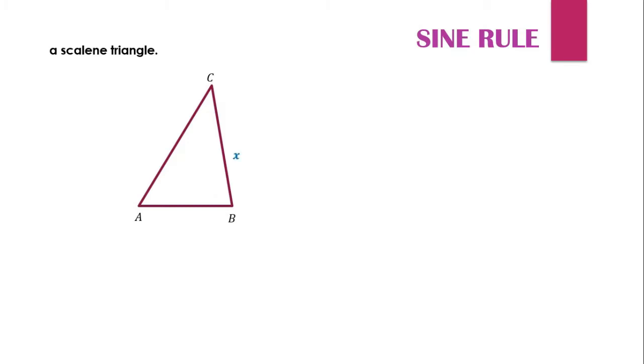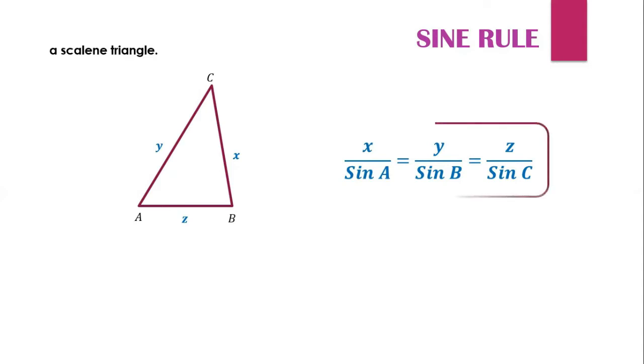Let's say the side opposite to A is x, the side opposite to B is y, and the side opposite to C is z, right? For the sine rule, we can define the formula x over sine A equals y over sine B equals z over sine C. We call this formula the sine rule.